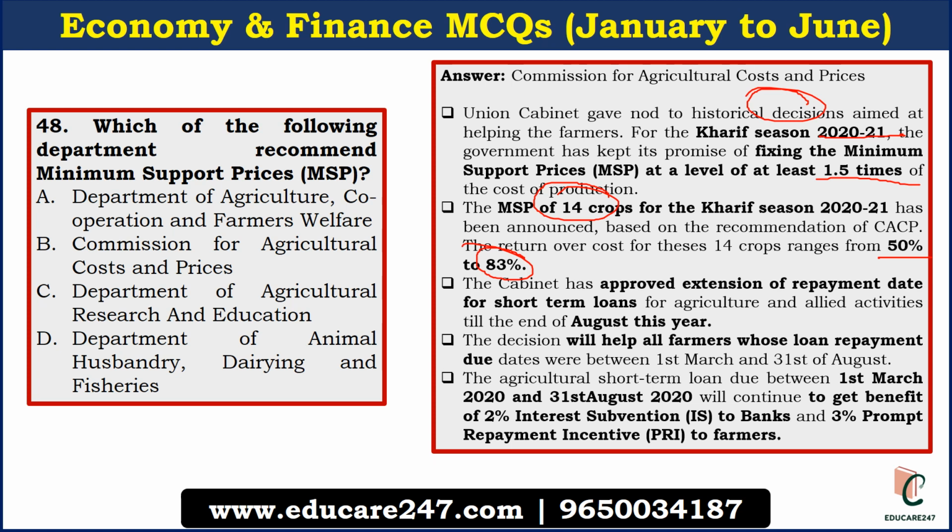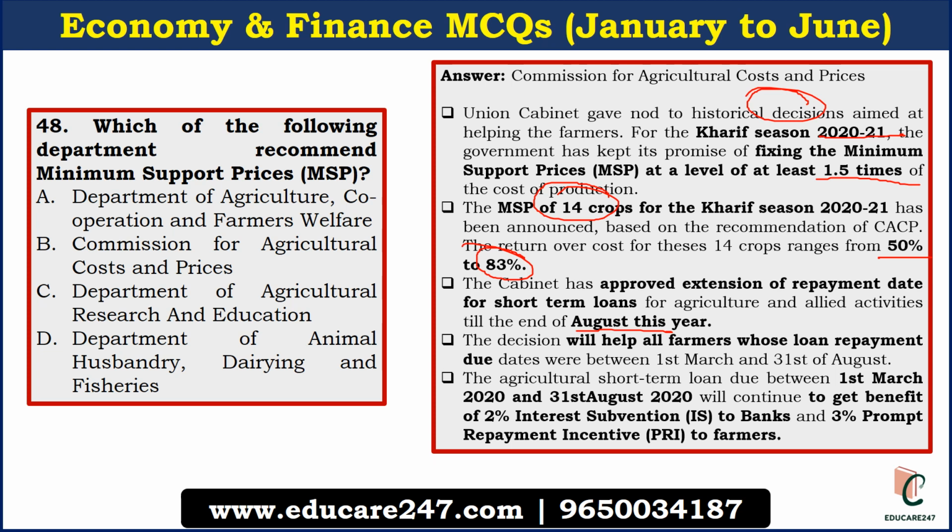Another decision the Cabinet has taken is that they have extended the repayment date of short-term loans for agriculture and allied activities. The farmer can now pay the loan till the end of August this year. So it is a big relief for the farmers. This decision will help all the farmers whose loan repayment is due between 1st March and 31st August. The agricultural short-term loans due between 1st March 2020 and 31st August 2020 will continue to get the benefit of a 2% interest subvention from the bank.